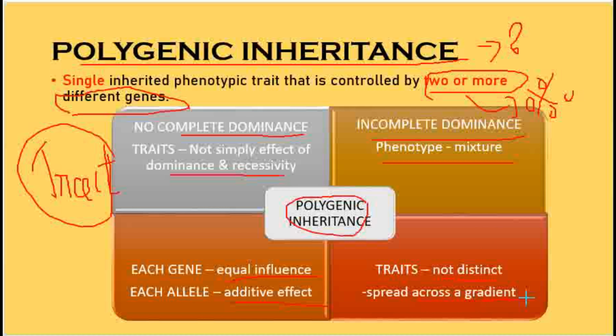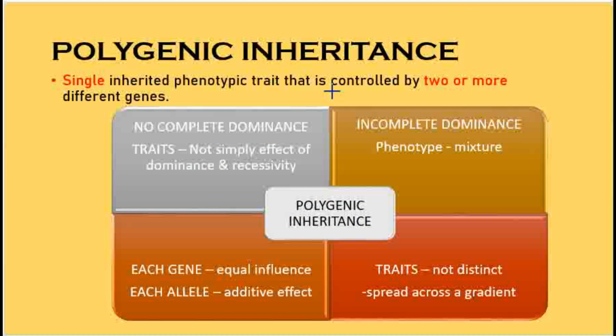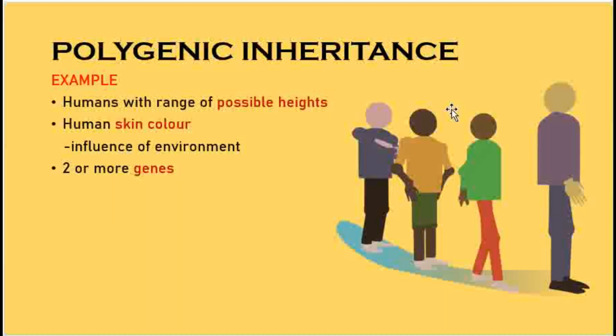A gradient means you will see an increase or decrease in a particular property. In genetics, it is how the trait or character increases or decreases, and in between you will also see some characters. So they are spread across a gradient in polygenic inheritance.